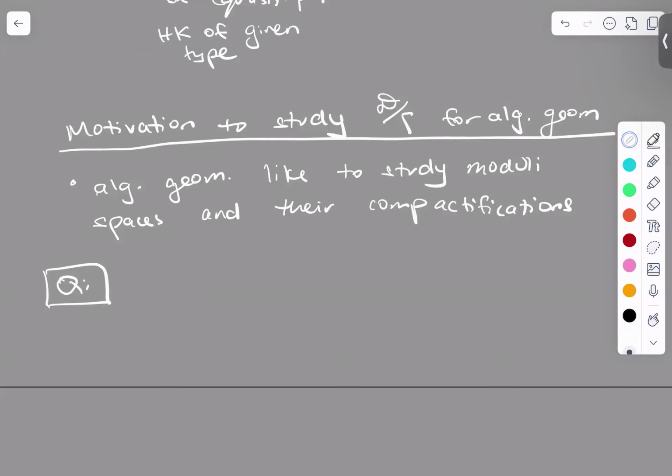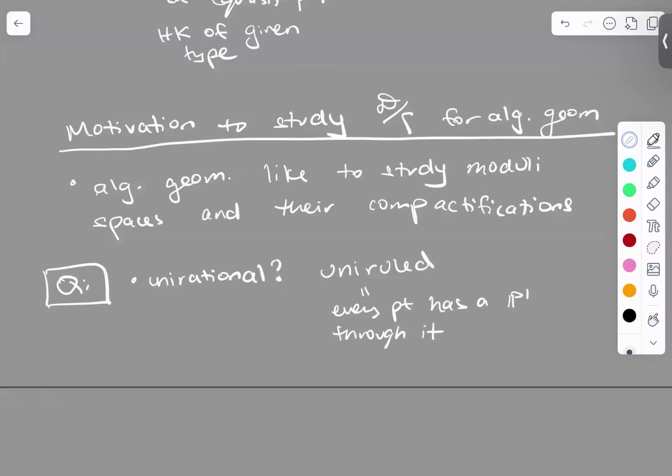This is a property called unirationality. So you might ask when your moduli space is unirational. A weaker notion is what we call uni-ruled, which says that every point has a copy of P1 through it. If I pick any point on my variety, I can find a line that passes through it. This is weaker than being unirational, but it's still quite a restrictive notion.